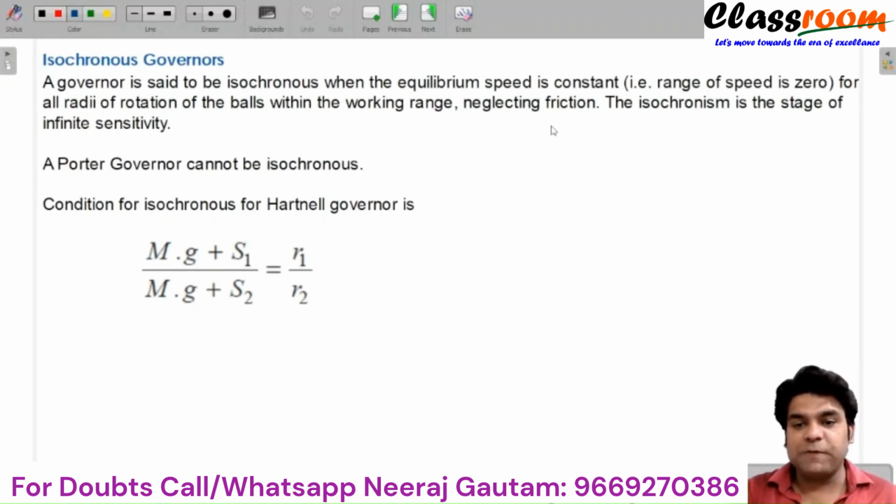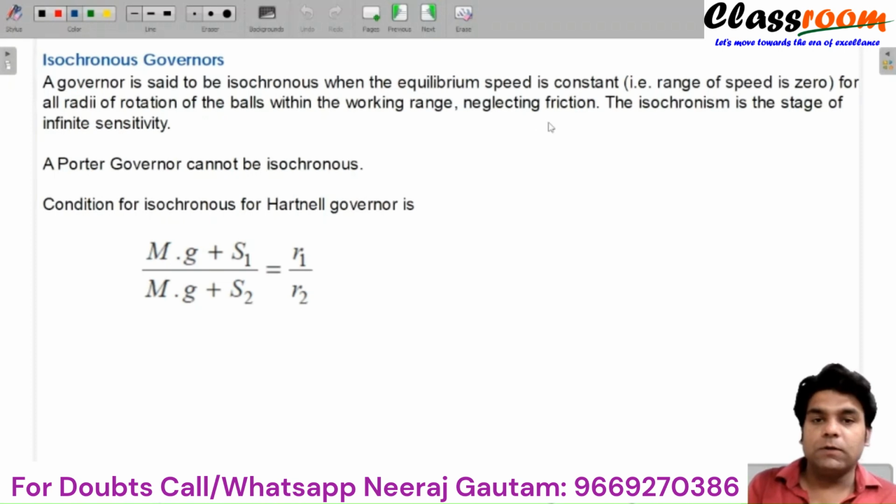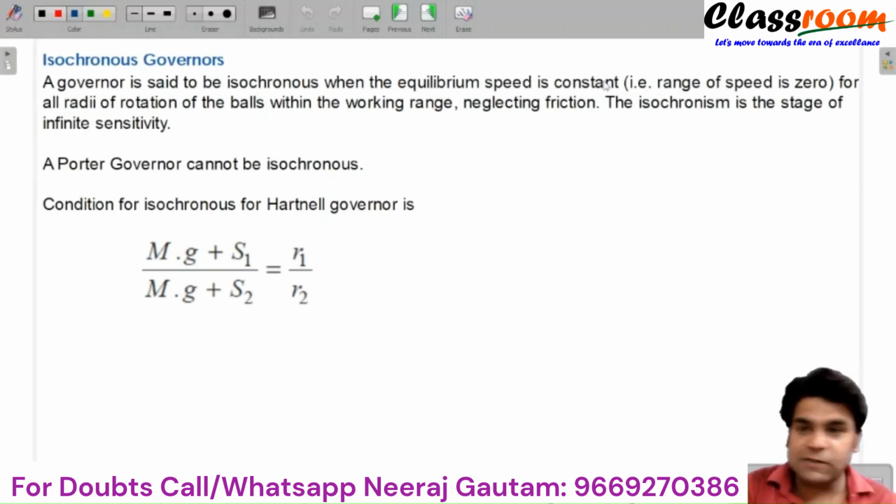That means if the speed changes from n1 to n2, the radius of rotation does not change. The isochronous governor has a constant equilibrium speed for all the radii of rotations.